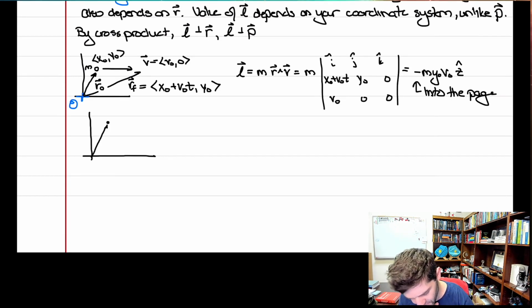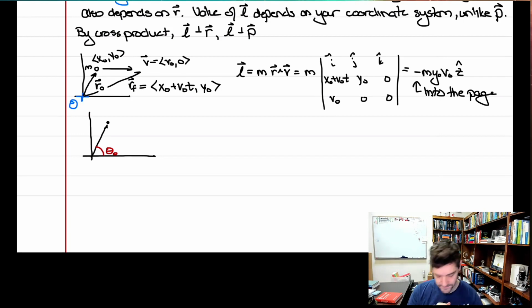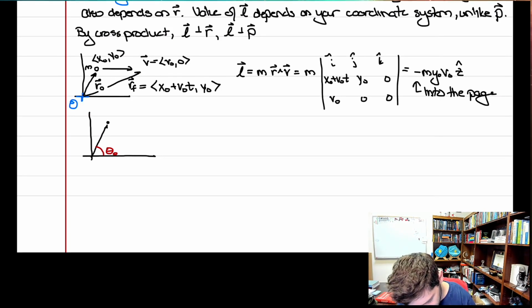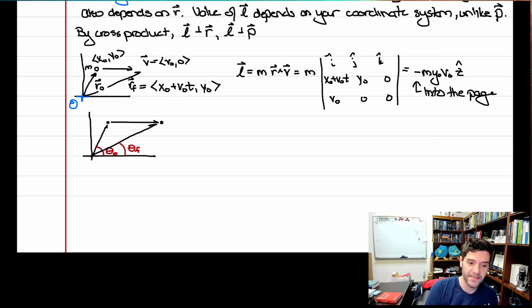In this initial position, if I really wanted to view it in terms of rotation, it has some initial angle theta naught. And then as it moves horizontally, it eventually has some final position here, where the final angle, if I measure the angle relative to the x-axis, has shrunk in this case.